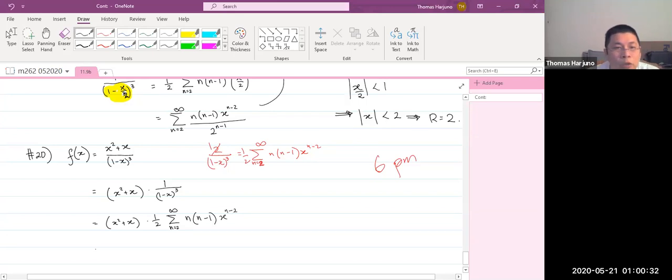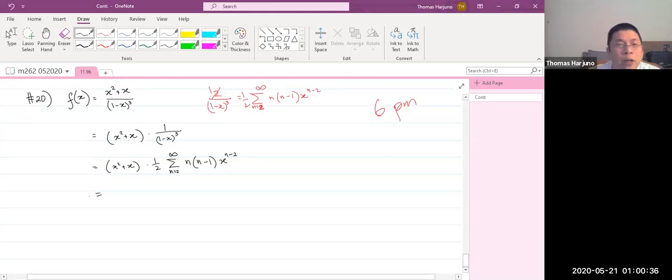So if I multiply that in, I will get 1/2 the series from 2 to infinity of n times n minus 1 times x to the n plus x to the n minus 1. Actually, let me just write it this way first.